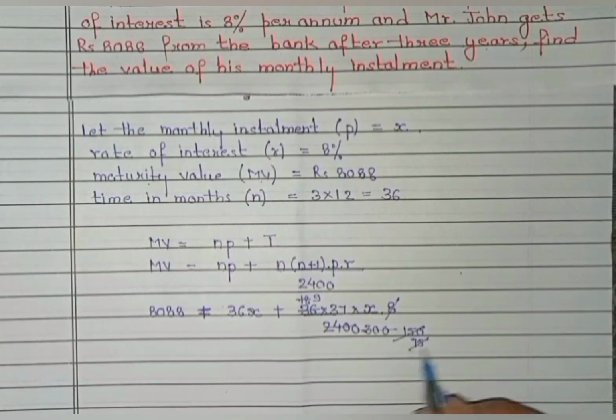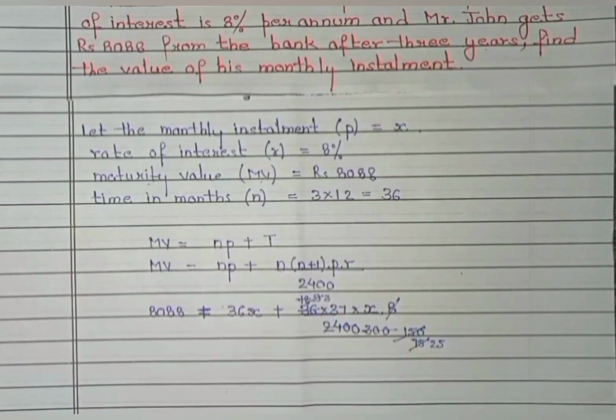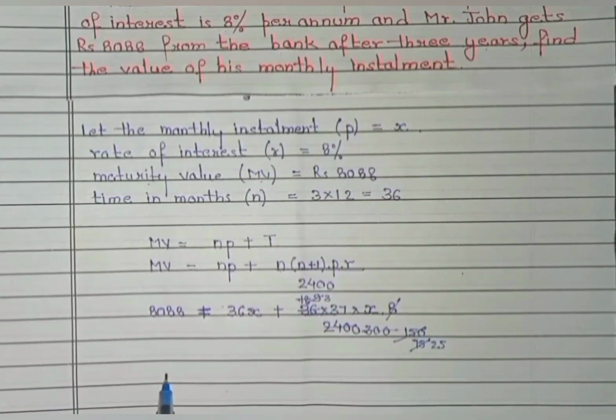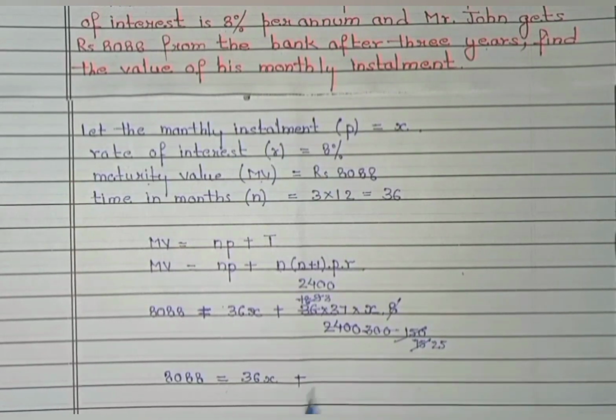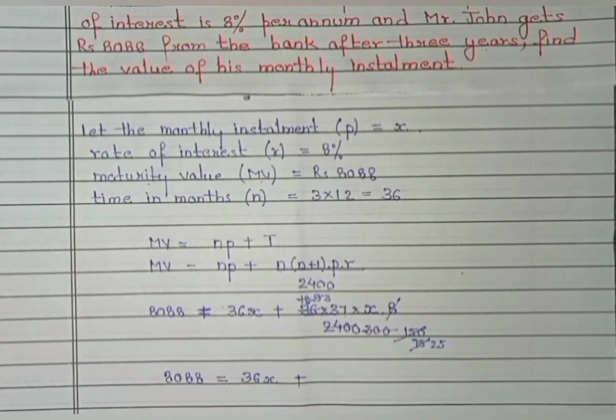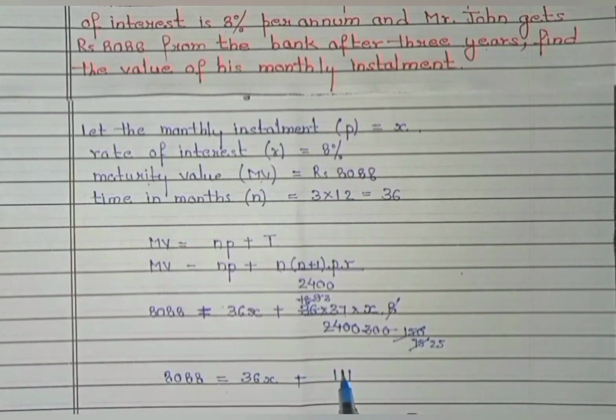Now reduce it by 3, so 25, reduce it by 3, 3 is a 9. So finally we are getting 8,088 is equal to 36x. Here you are getting 37 into 3, 3 into 7, 21. So 111x upon 25.